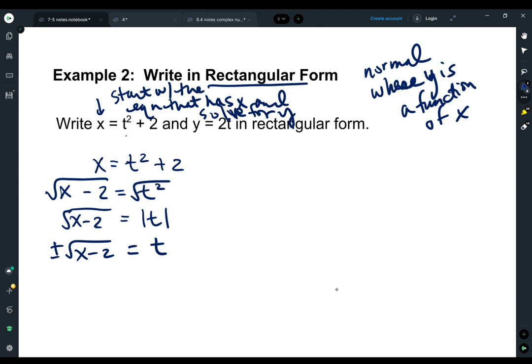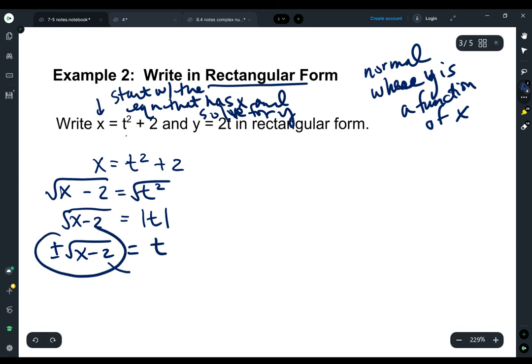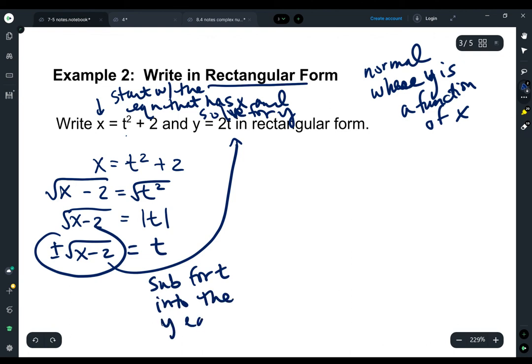So then once I solve for t, I'm going to substitute into the equation for y. So sub for t into the y equation. So now instead of y equals 2t, I have y equals 2 times the positive or negative square root of x minus 2.